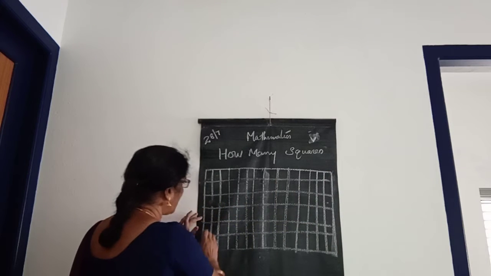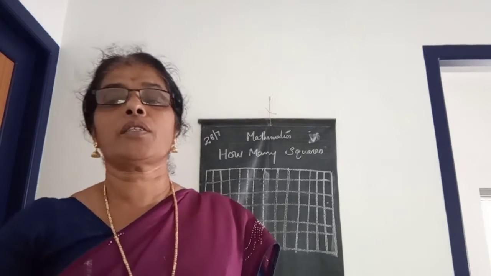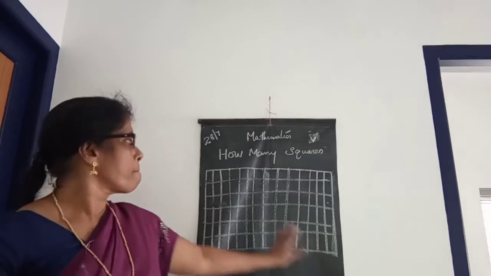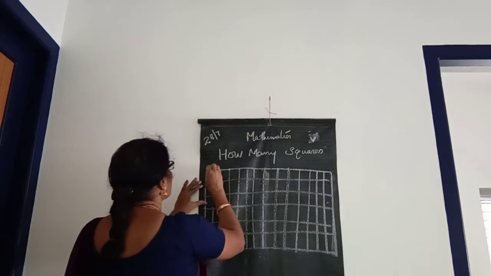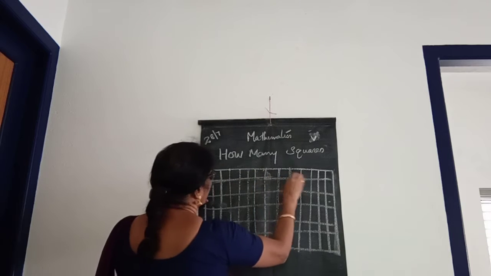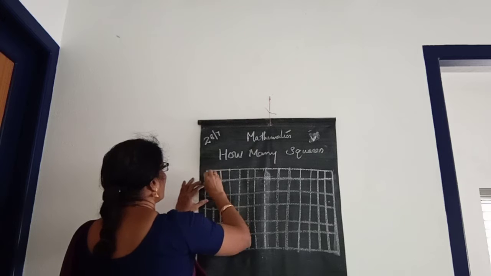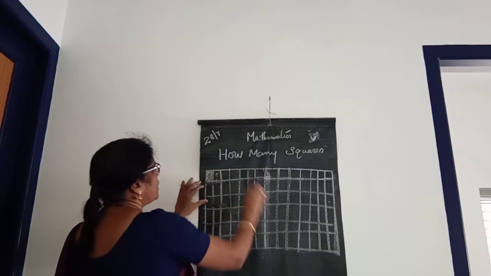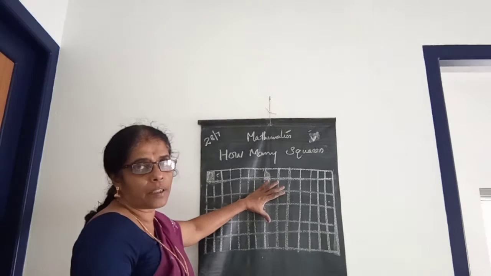From this rectangle, how many squares can you make? Look, children, this one is one square, and this one is another square. Then how many squares can you see in this rectangle?